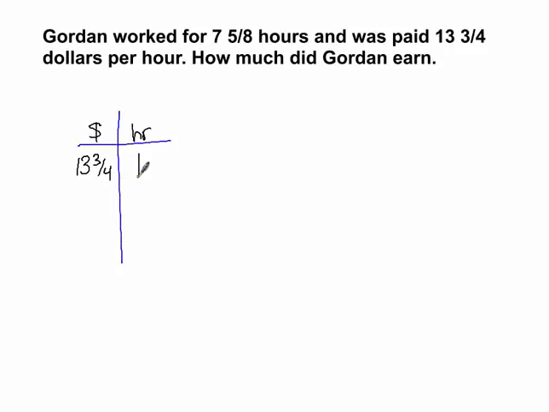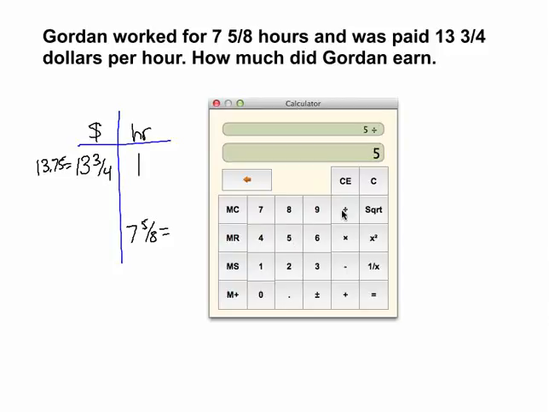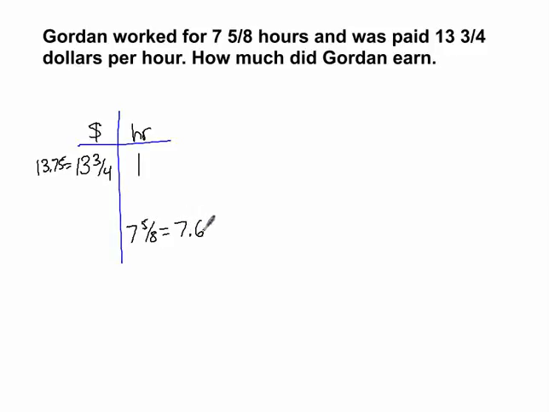I'm going to convert this into decimal form, and in this case I will do instead of 13 3/4, I'll call it 13.75 because I already know that, and I want to get to 7 5/8 hours, and I'm going to work in decimals, and I'm going to do 5/8, and in this one I'm just going to show you with my calculator. 5/8 as a decimal is 0.625. So that equals 7.625. So in this case, I'm just going to multiply each side by 7.625.